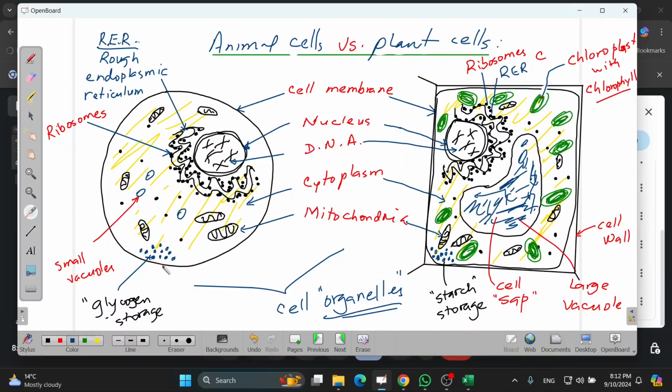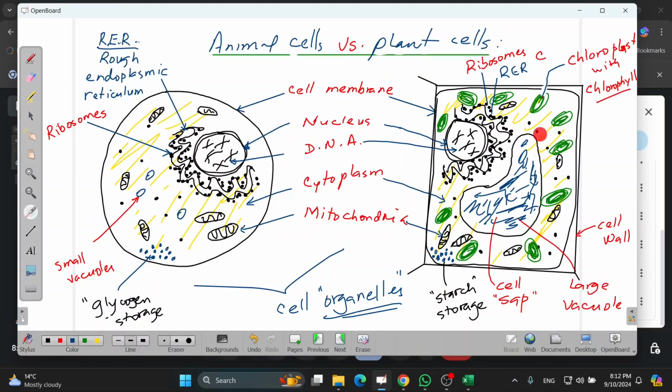Even in the morning, some people start doing stuff without eating anything, and they will still get energy from that storage. Well, plants do the same, but they don't store glucose as glycogen. They store glucose as starch.